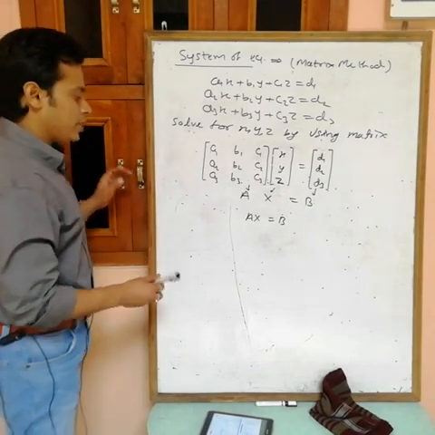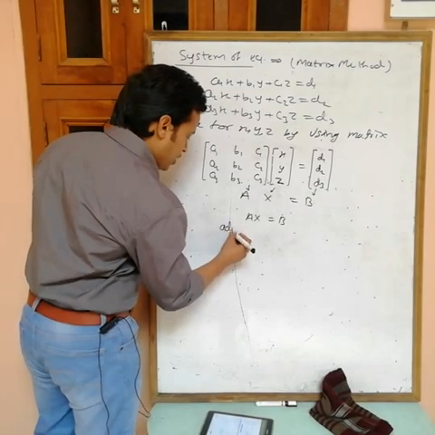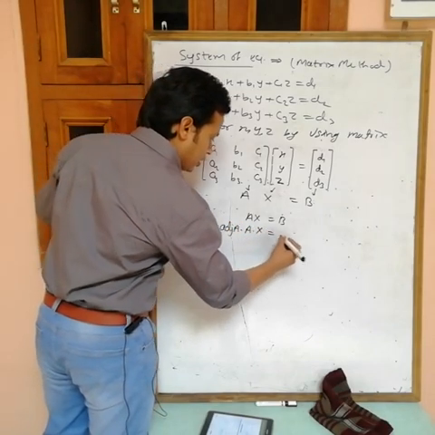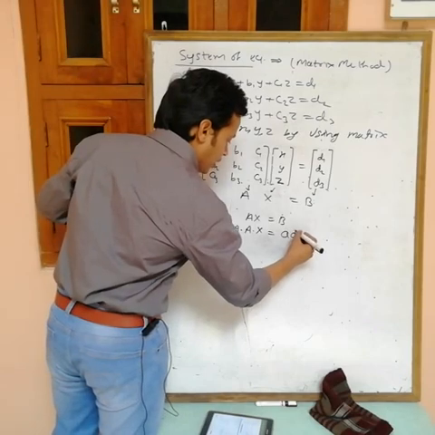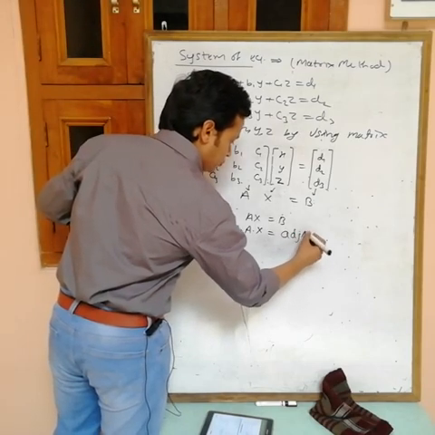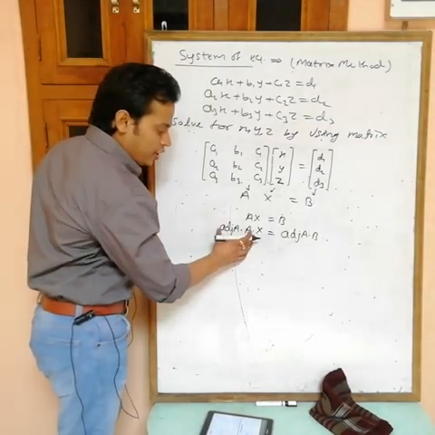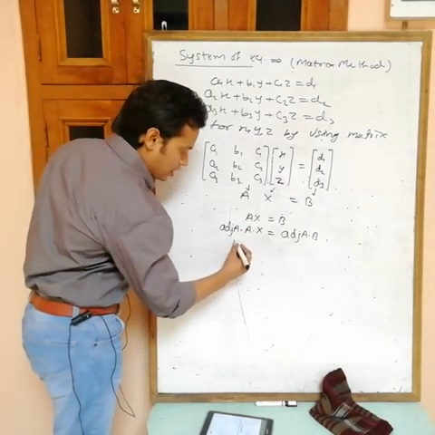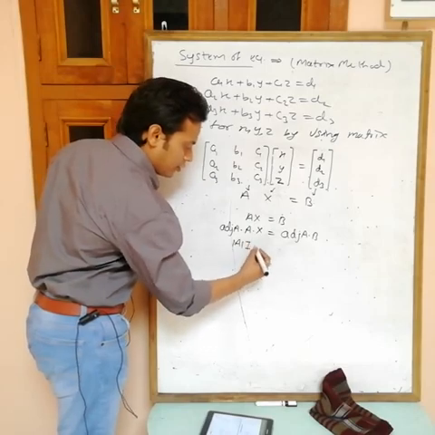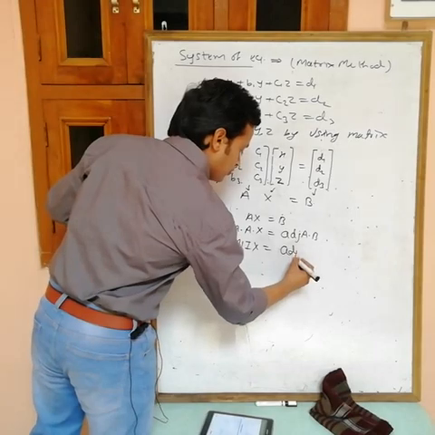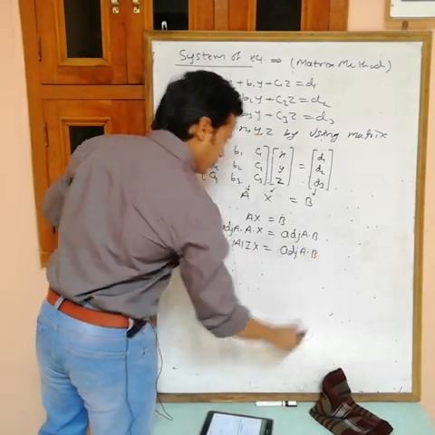So I am multiplying with adjoint of A on the left: adjoint of A into AX, and here also adjoint of A into B. Adjoint of A into A can be written as det A into I, into X, equals adjoint of A into B.